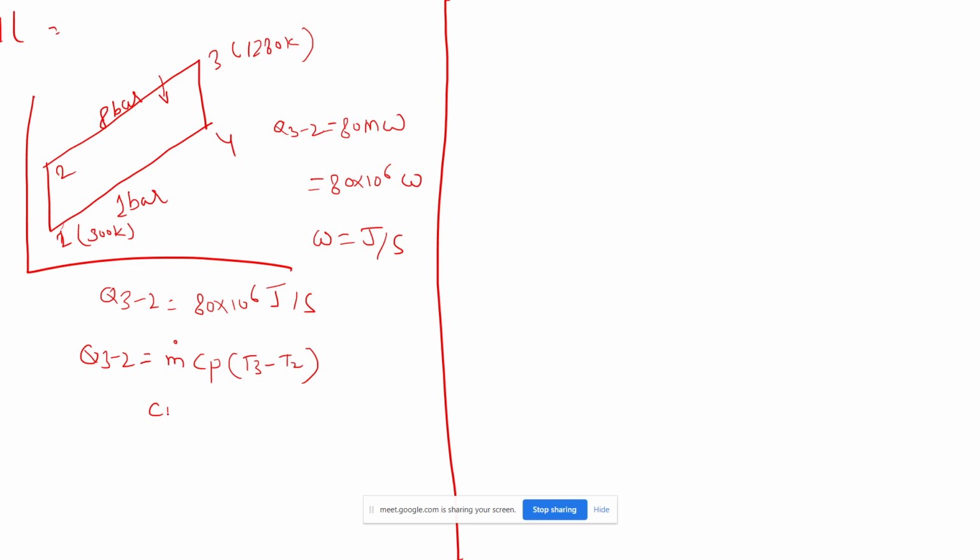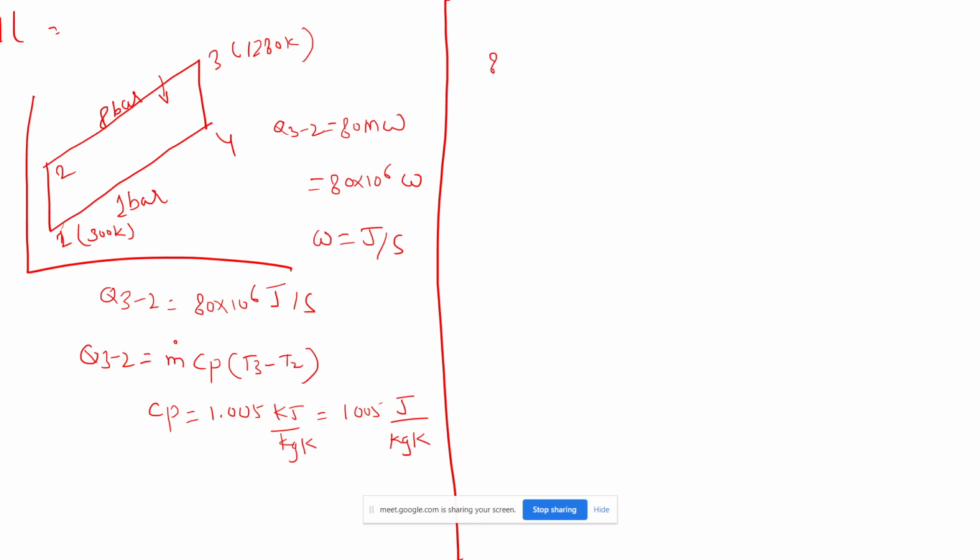Where Cp in the question they have given 1.005 kilojoule per kg Kelvin, which we can write as 1005 joule per kg Kelvin. Is it okay? Now, what is given in the data?